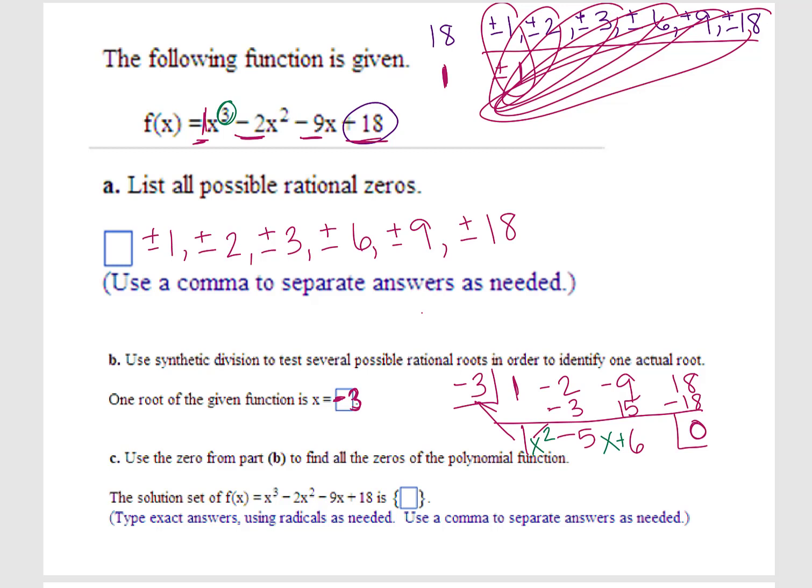And so once we get it down to a quadratic equation, now we have a couple of options for how to find the other zeros. But this is really important to be able to identify, well, when would I use synthetic division in order to basically break down my function?